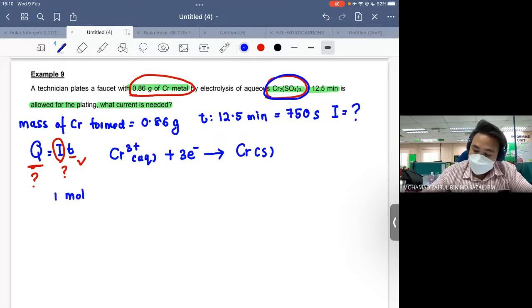Okay, sekarang ni kita ada 1 mole of chromium. Untuk menghasilkan 1 mole of chromium solid, kita memerlukan 3 mole of elektron.